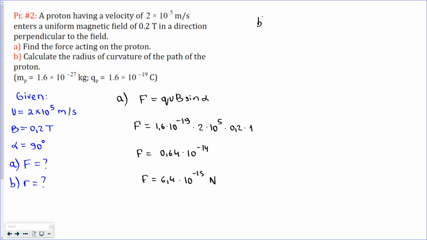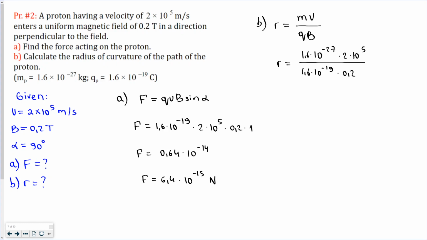Part B, the radius of the curvature. The equation is mv over qB, and we can put the givens into the equation. 1.6 times 10 to the minus 27, times 2 times 10 to the 5, over the charge, 1.6 times 10 to the minus 19, multiplied by the magnetic field.